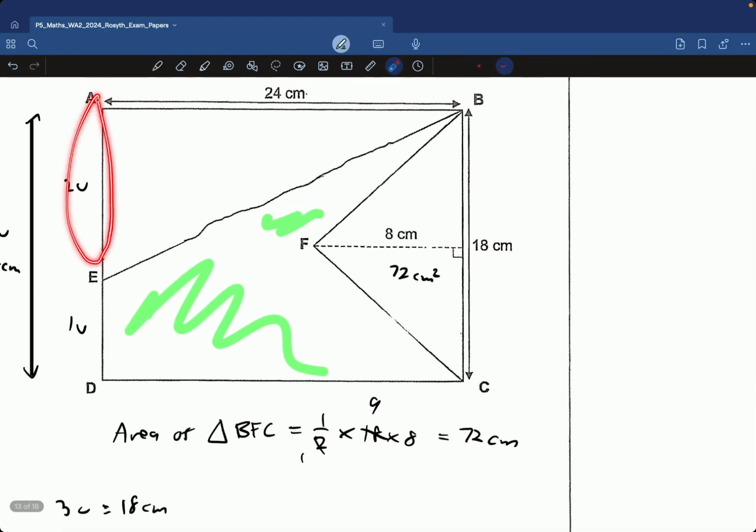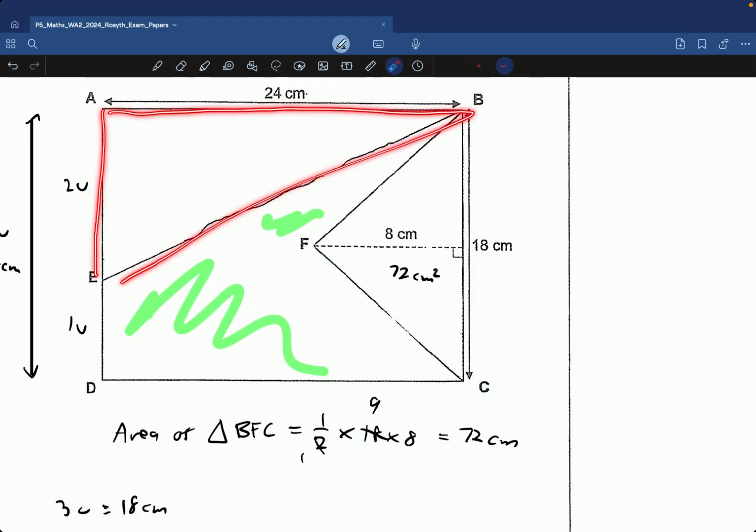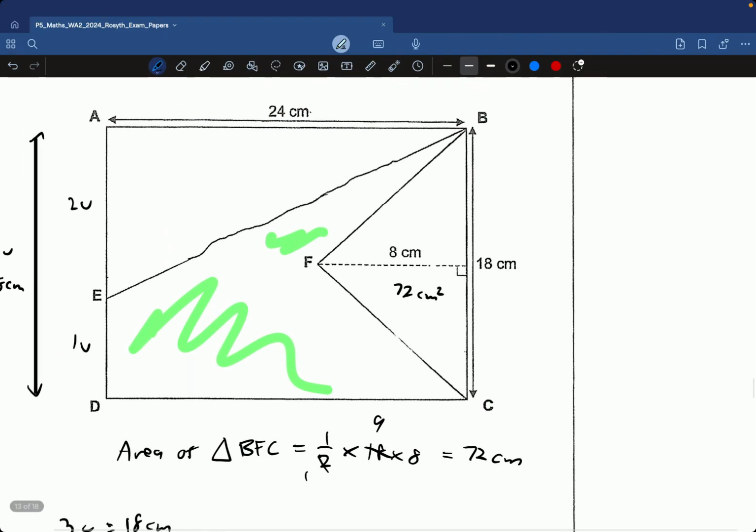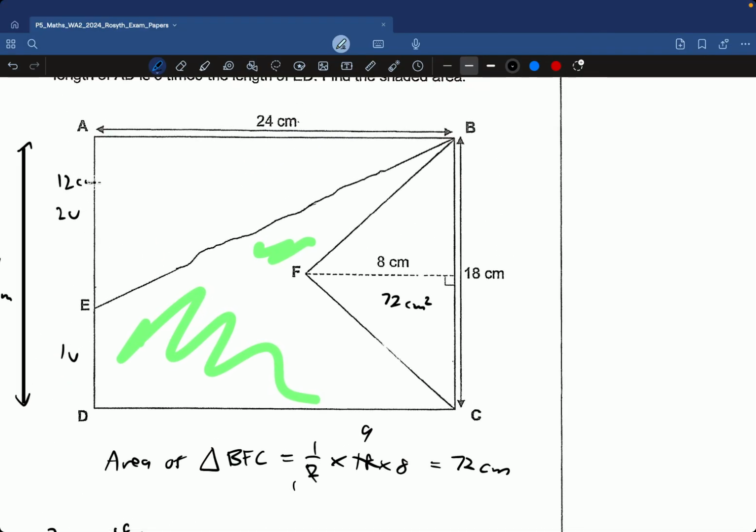Because if we know this, we can get the area of this triangle, and then we can minus off. So 2 units is equal to 6 times 2, which is 12. So now we know that AE is 12 centimeters.